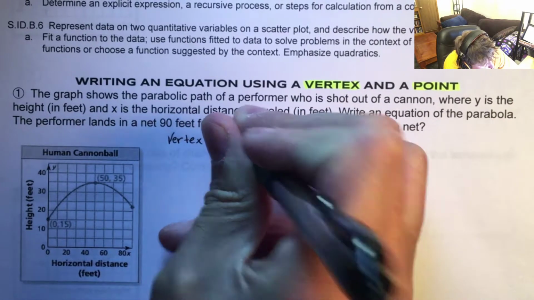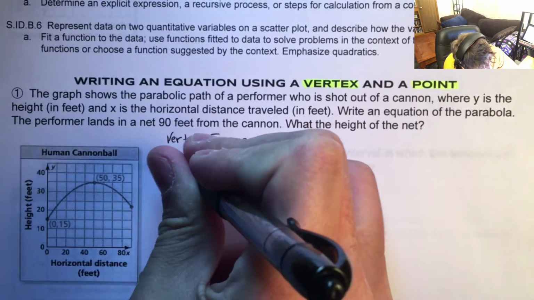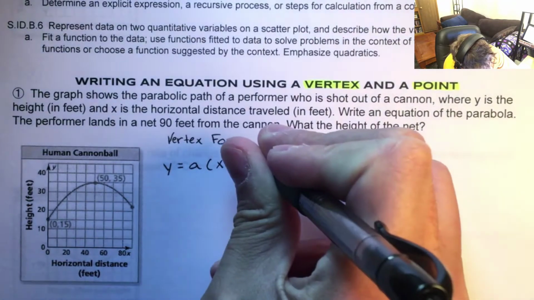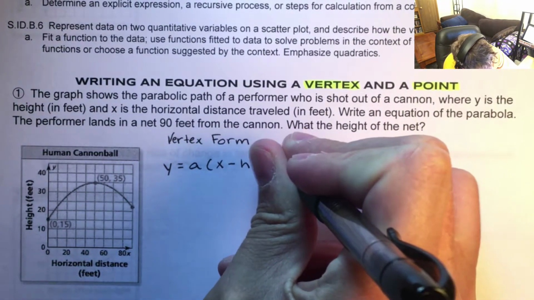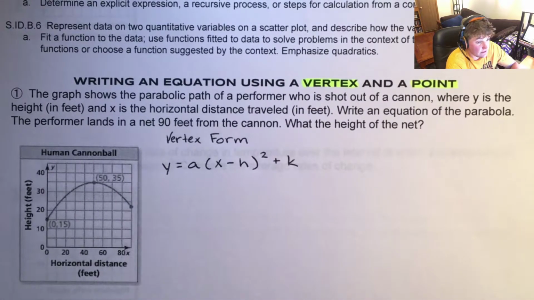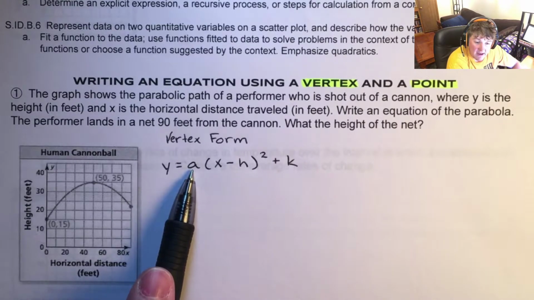Vertex form is the form y equals a times (x minus h) squared plus k. Just to recall, that's from lesson 1 in this chapter, when we learned about vertex form. I'm going to give you a quick run-through here, but if you need more, go and rewatch that video. Remember, a tells me whether my parabola opens up or down.